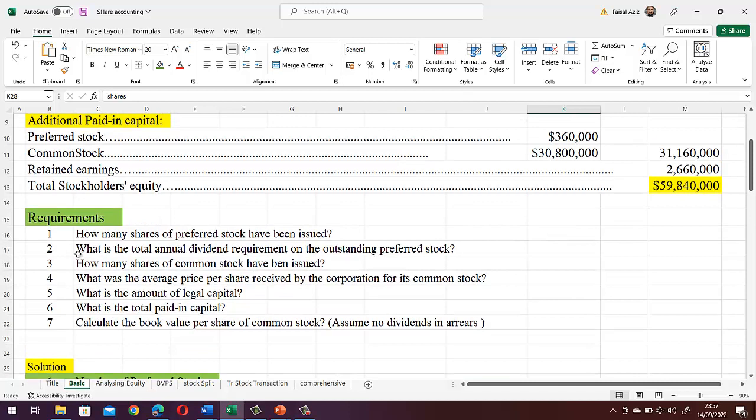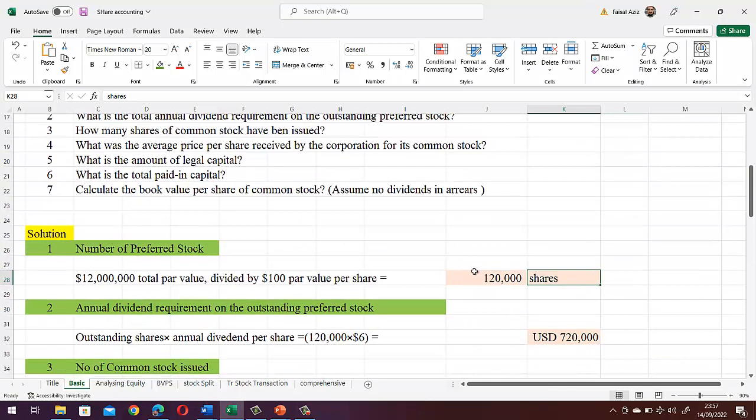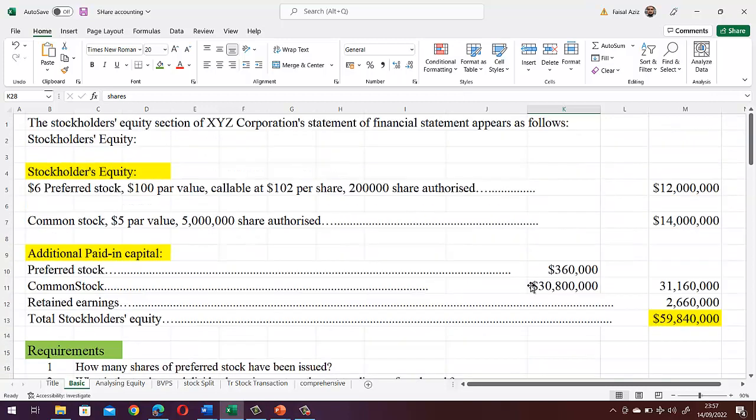The next requirement is: what is the total annual dividend requirement on the outstanding preferred stock? Since we have already calculated that we have 120,000 shares outstanding, or in the market, we can easily calculate the dividend requirement. Here you can see in the stockholders' equity section that each preferred stock has a dividend of $6.